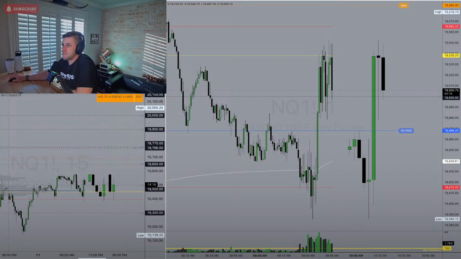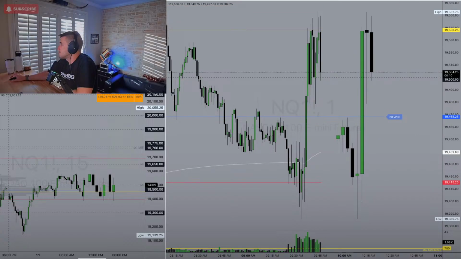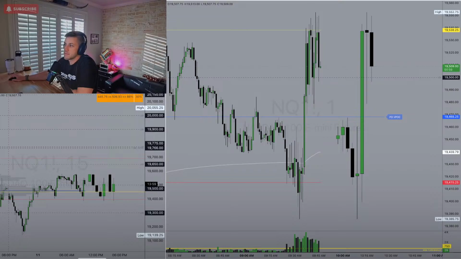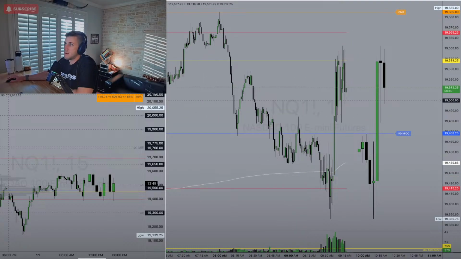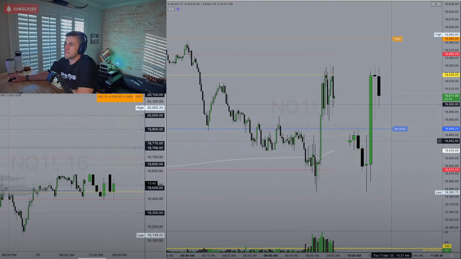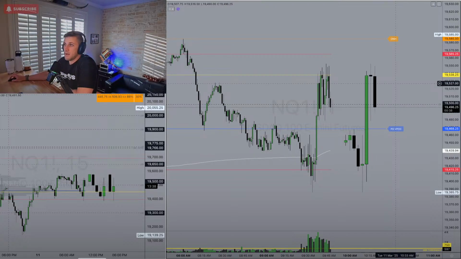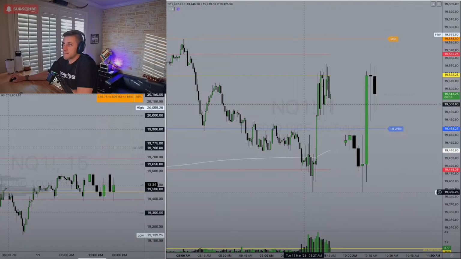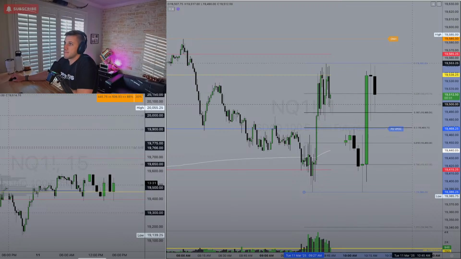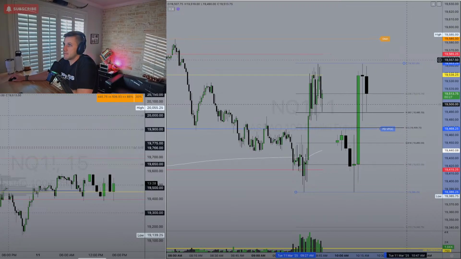Test number 3. Don't love seeing that volume point of control above current price point. There's your 38% fib right there.